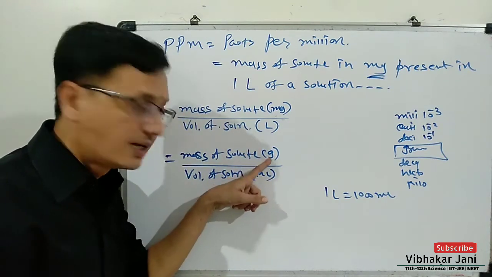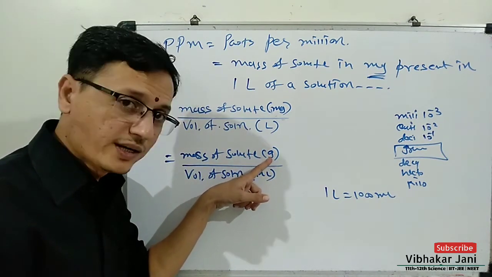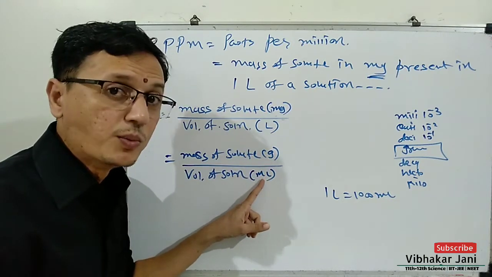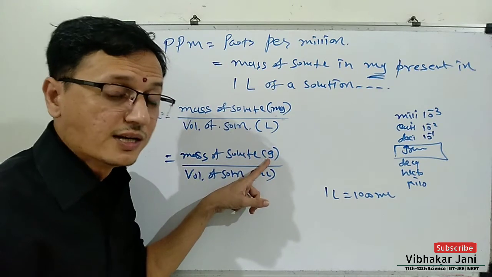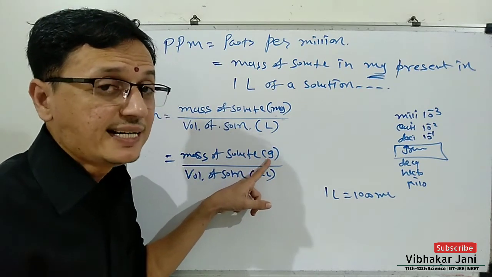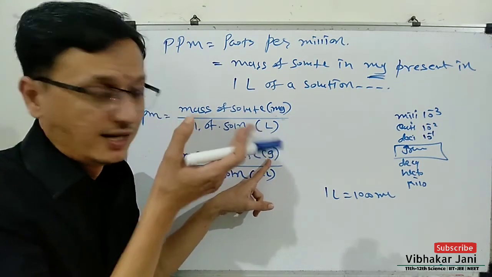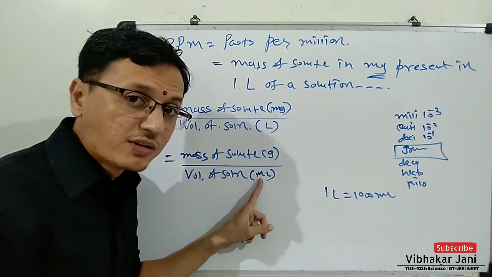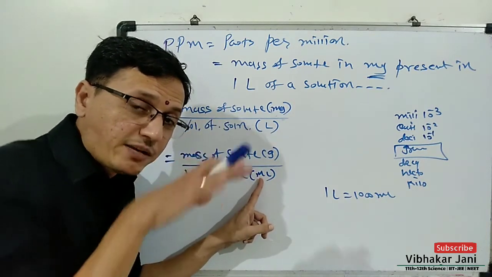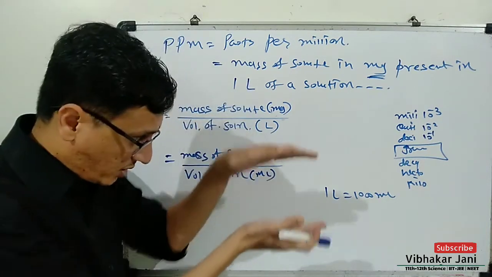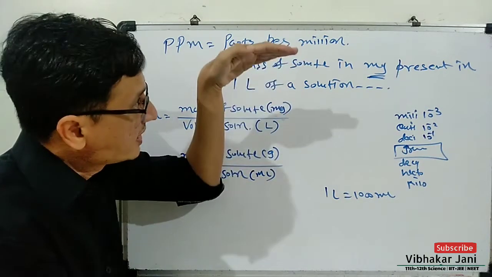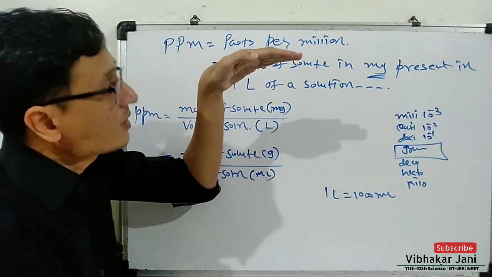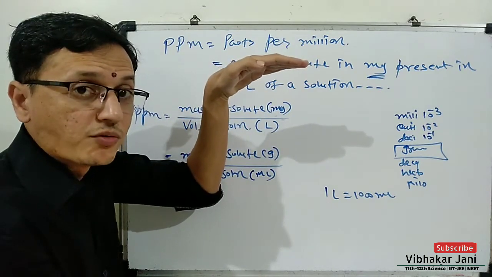So the unit I have written here is 10 to the power 3 times larger, and here the unit is 10 to the power 3 times smaller. So the total difference is 10 to the power 3 and 10 to the power 3, that is 10 to the power 6.